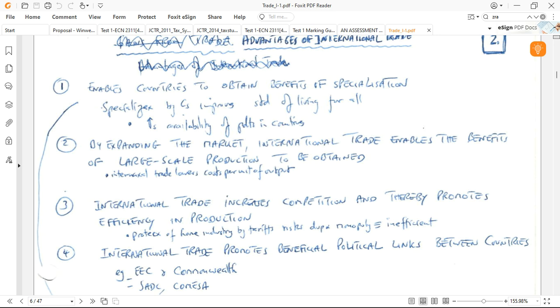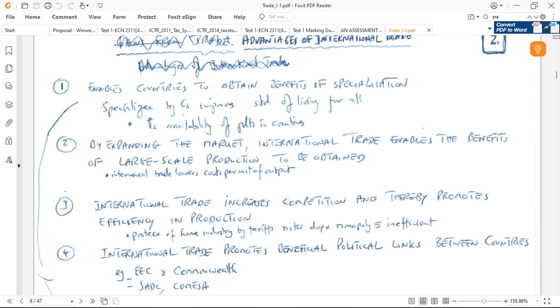So we have specialized in the production of copper, and the assumption is that the more copper we sell, the more money we make, and the more money we make, the more developmental projects we carry out, right? And therefore ultimately our living standards are expected to be on the rise. So in short, when countries engage in international trade, they benefit from specialization. So that is one benefit.